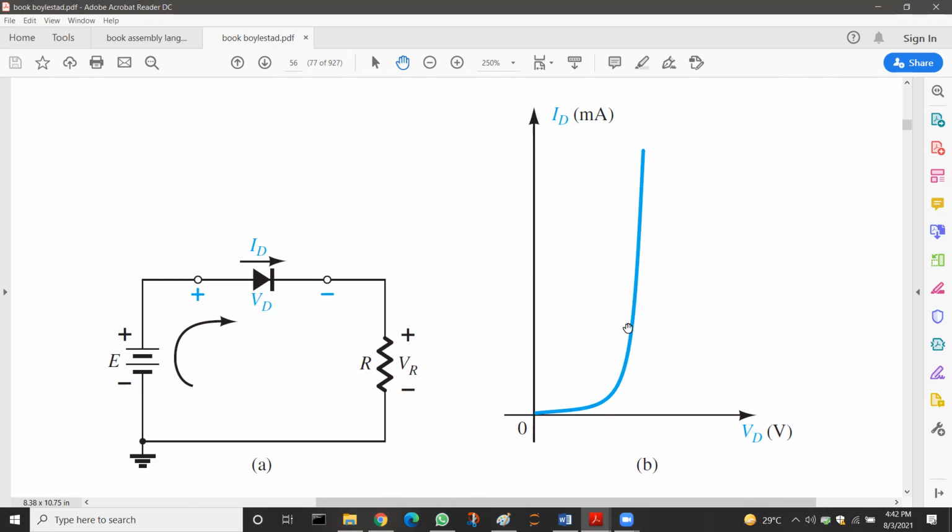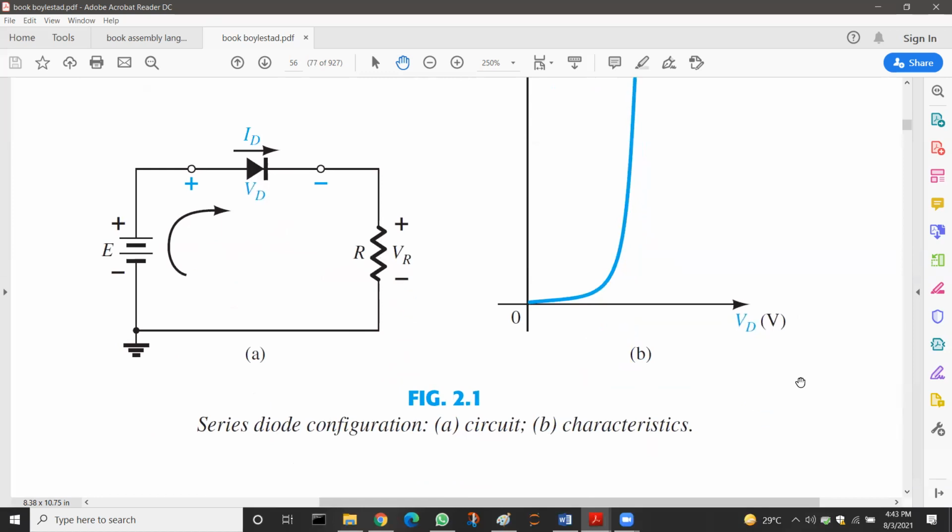As you can see, this is the same characteristic curve that we saw in chapter 1. In the graph, the voltage is measured in volts and the current is measured in milliamperes. It is common for semiconductor devices like diodes and transistors that the current is measured in milliamperes, especially for small scale circuits.